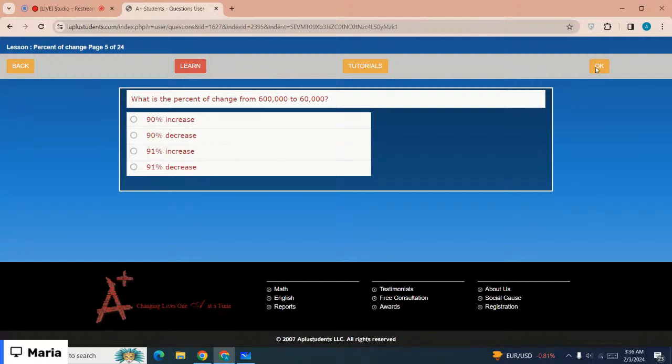So now you have to divide it by the original value. So that is 540,000 divided by 600,000. The correct option is 0.9. That means that is 90%.